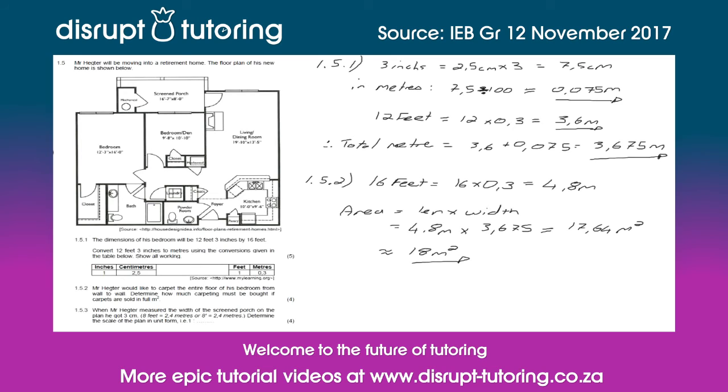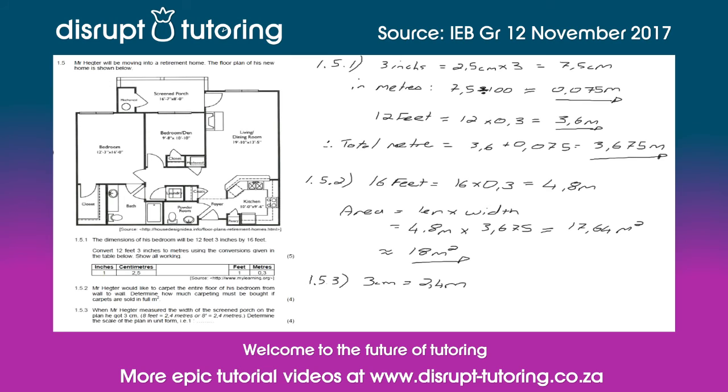So for 1.5.3, they've said that 3 centimeters is then equal to 2.4 meters. So on the floor plan, 3 centimeters equals 2.4 meters, because that's what the screen porch is marked down as.